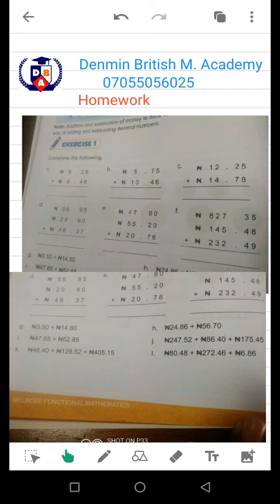So it's very important for you to solve all the questions in the exercise, and that is our practice. We don't encourage laziness in Denmin British Montessori Academy. The timeline for this assignment is 7 days, that is 1 full week.